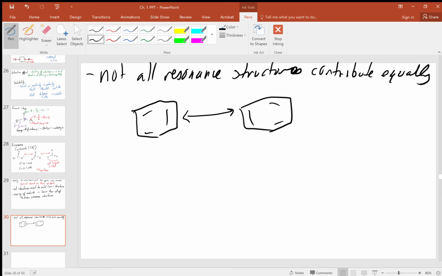They're of equal importance. But over here on the right is a valid resonance structure. All I've done is move the pi electrons, and I'll explain in a little bit how we go about doing that. But while that is a valid resonance structure, it's not nearly as important as the first ones that we drew.